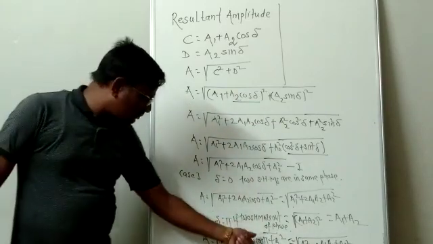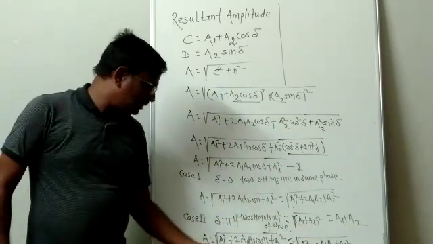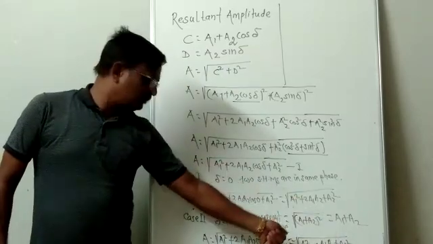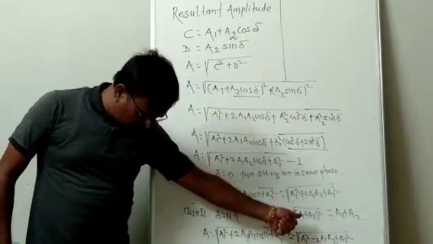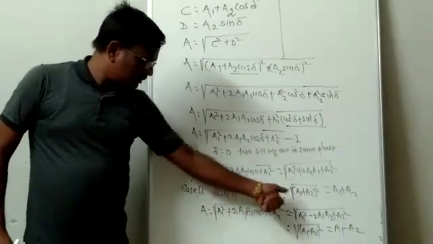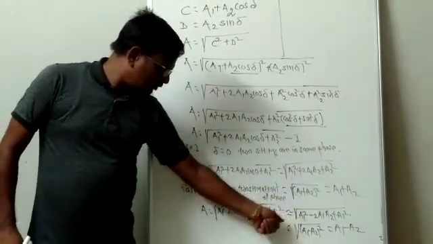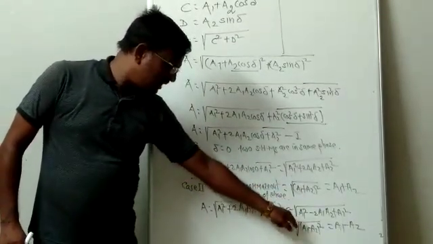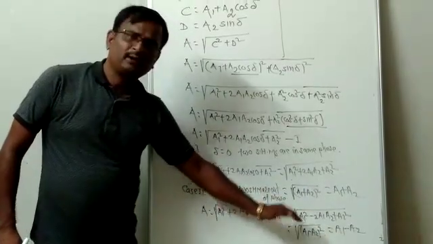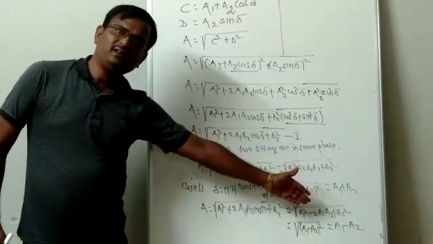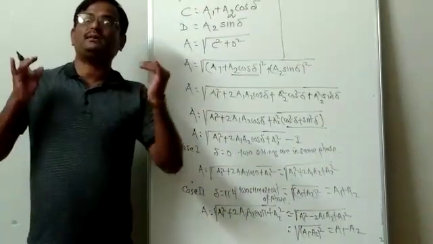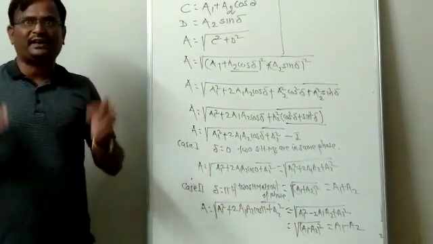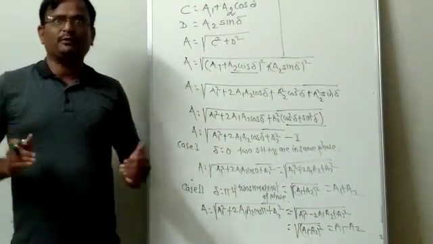The value of cos pi is minus 1. The equation becomes A1 square minus 2A1 A2 plus A2 square. This is the expansion of (A1 minus A2) whole bracket square. What we are getting is A1 minus A2. This is the minimum amplitude we are getting.